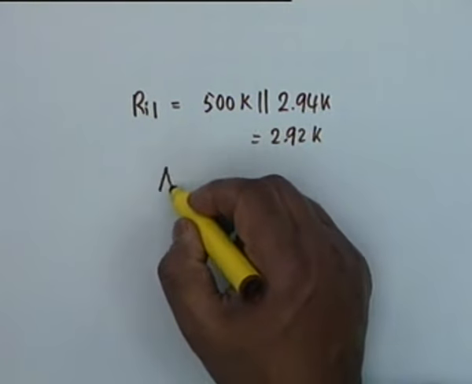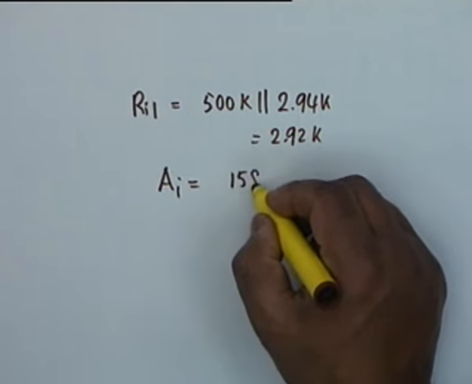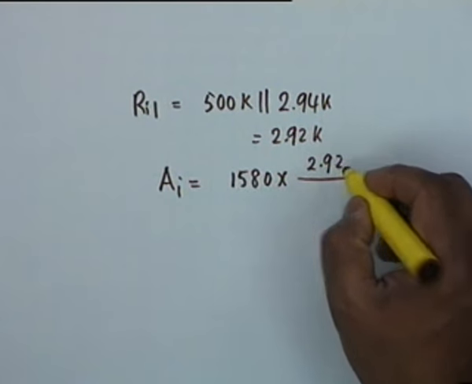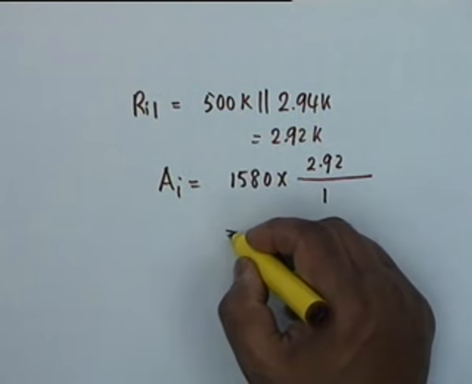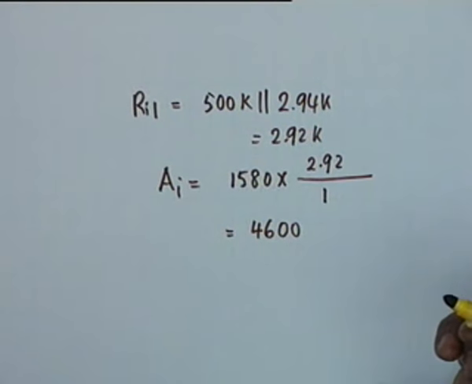Therefore, you can calculate AI, which will be 1580 multiplied by 2.92 divided by 1. So this becomes 4600. Very good. Two stages have achieved this much current gain, 4600 times.